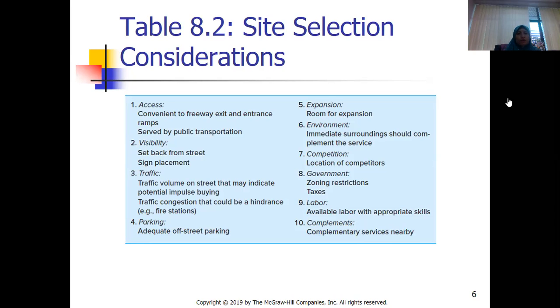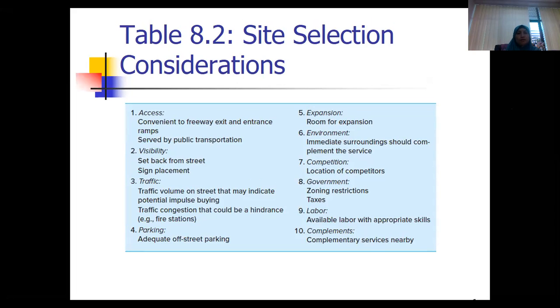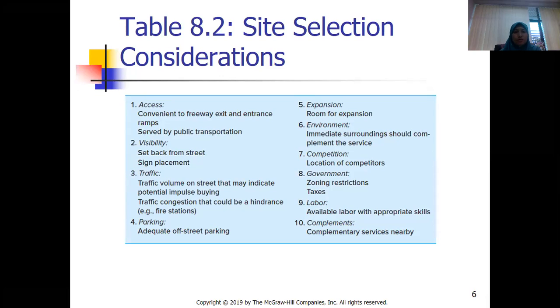Maybe that will help in terms of the impulse of buying. So here we are also looking at whether there is any traffic congestion, maybe when it comes to the entrance of the outlet itself.